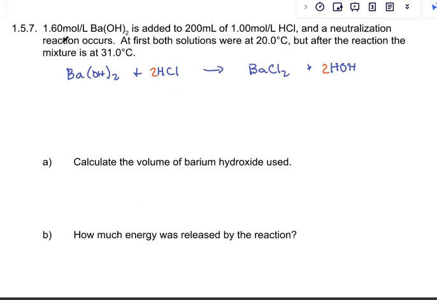They've told us a bunch of things about the reactants. They said our barium hydroxide concentration is 1.60 moles per liter. We have 200 milliliters, which I'm going to write as 0.2 liters, as the volume of our acid. Concentration of the acid is 1.